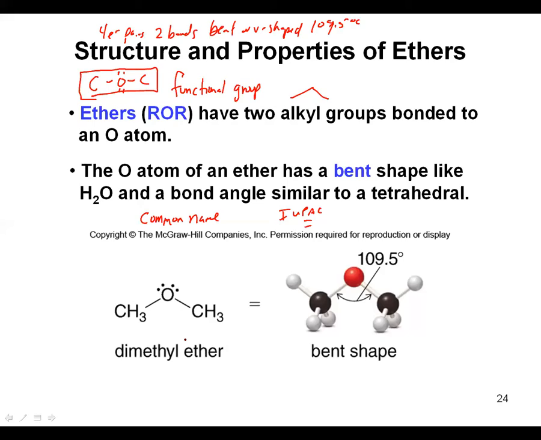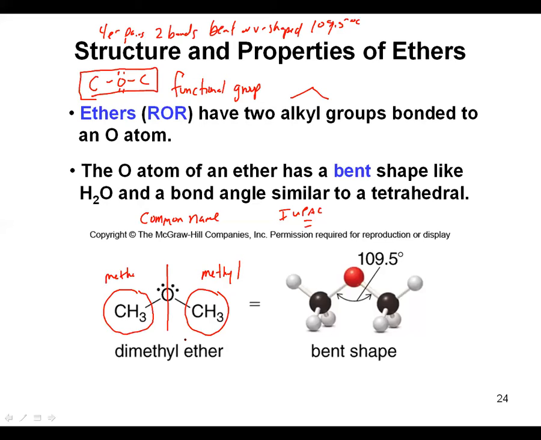When we name an ether in the common way, it's a fairly simple process. You go to the oxygen, you go to the right of the oxygen and find the group that's there. That's a methyl group. You go to the left of the oxygen and find the group that's there. That's also a methyl group.